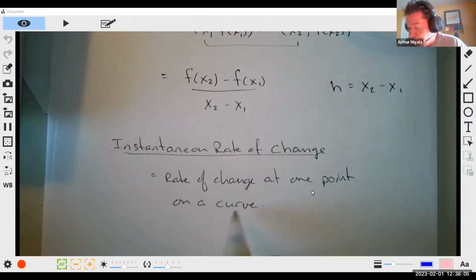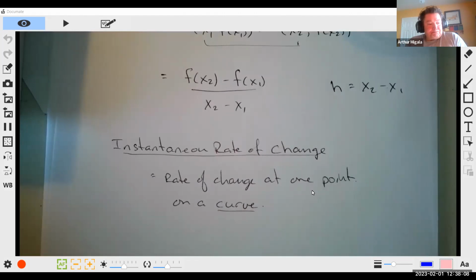Why is on the curve so important? Because if it was a straight line, the slope's the same everywhere. So once you see the equation, linear equations, you know where the slope is.